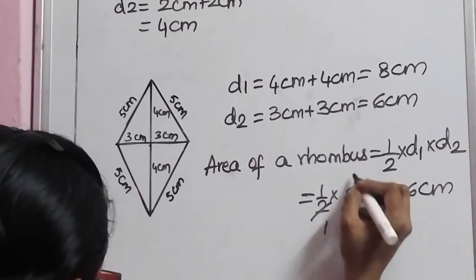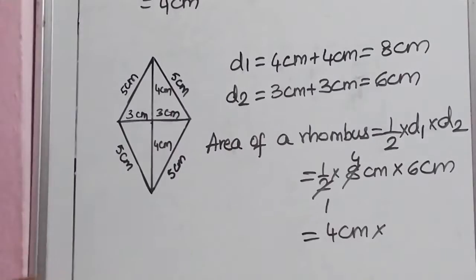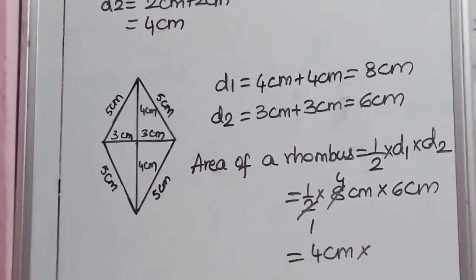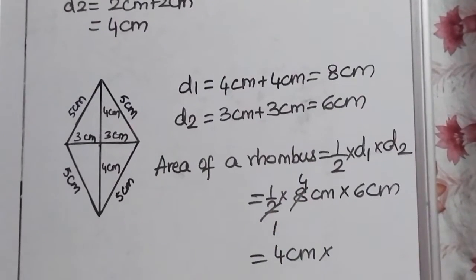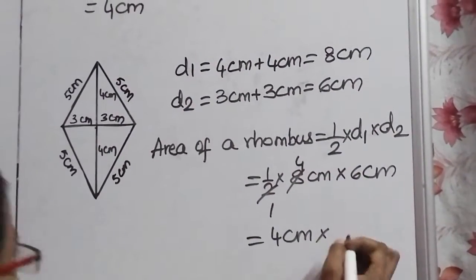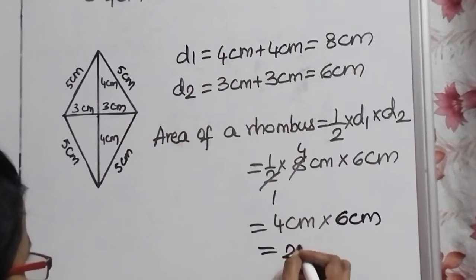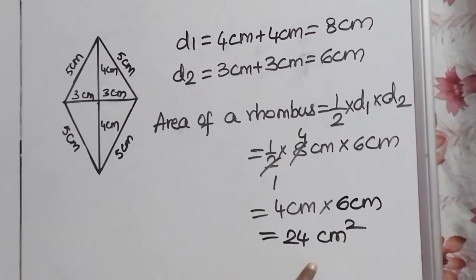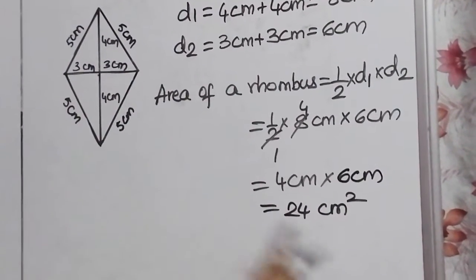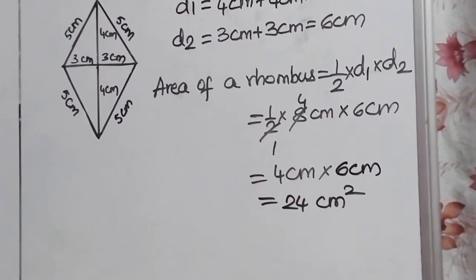So 2 ones are 2, 2 fours are 4 centimeters into 6 centimeters. 6 fours are 24. Centimeter into centimeter is square centimeter. So the area of this rhombus is 24 square centimeters. Copy this in your class workbooks, children.